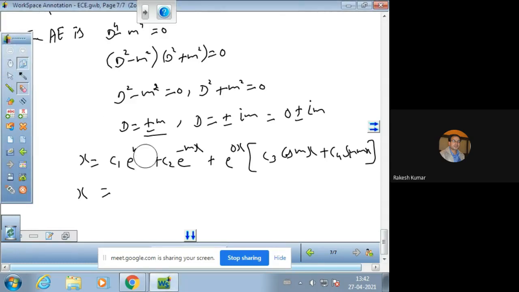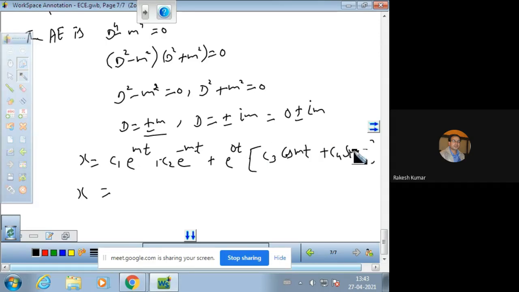So remove this x because we have a t variable here. So the solution will be C1 e raised to power mt, C2 e raised to power minus mt, e raised to power 0, C3 cos of mt plus C4 sine of m into t.